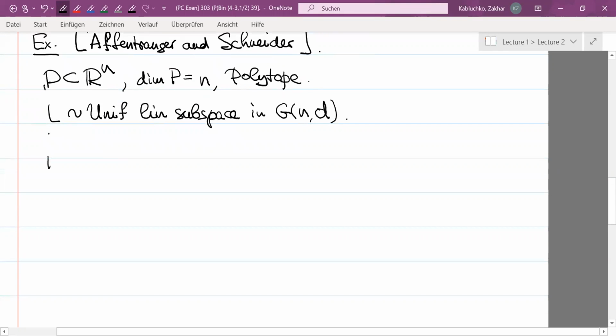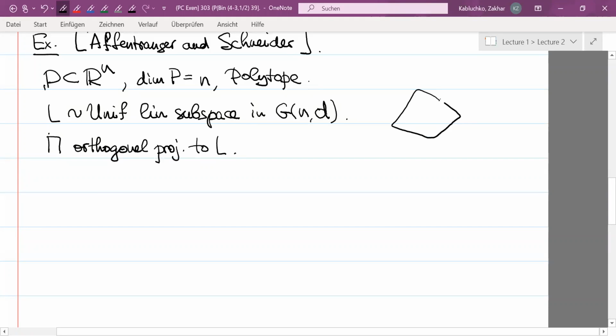And let pi be the orthogonal projection to L. So we take a polytope and we project this polytope by the map pi to L. Here the projection is some polytope, and the question is, what is the expected number of k-dimensional faces of this projection?